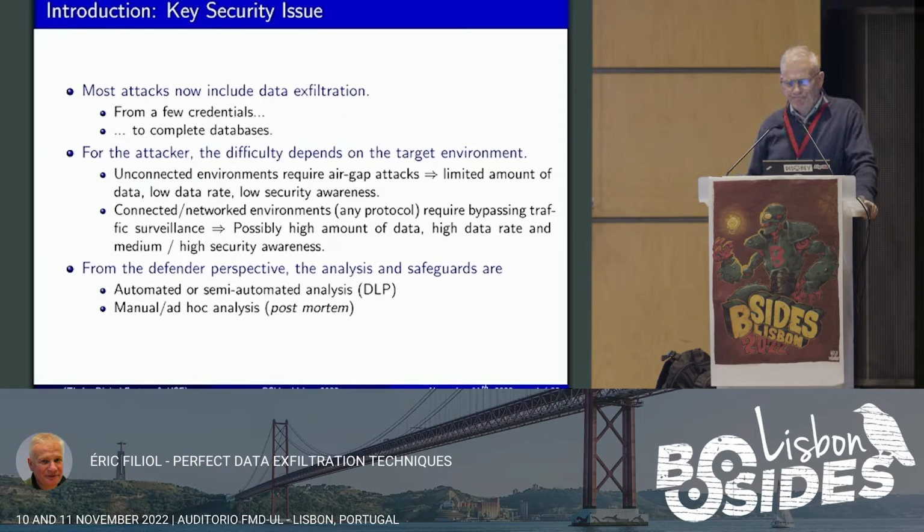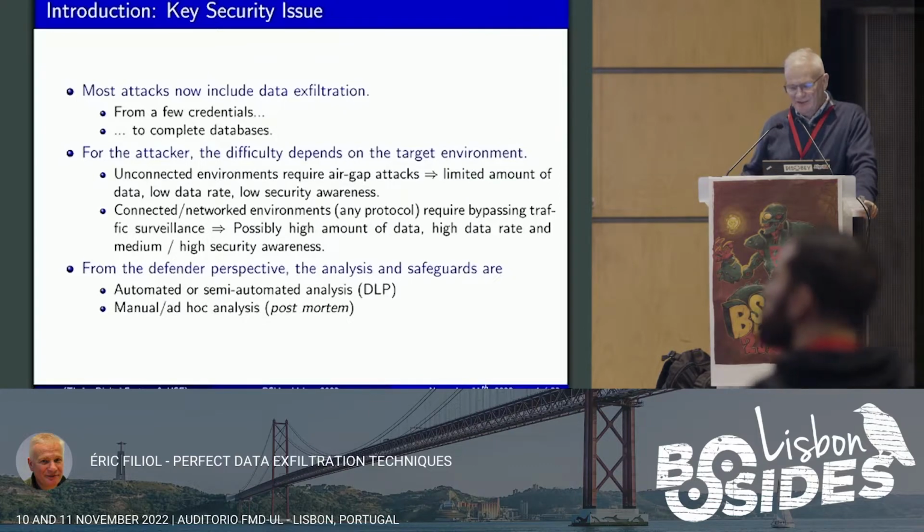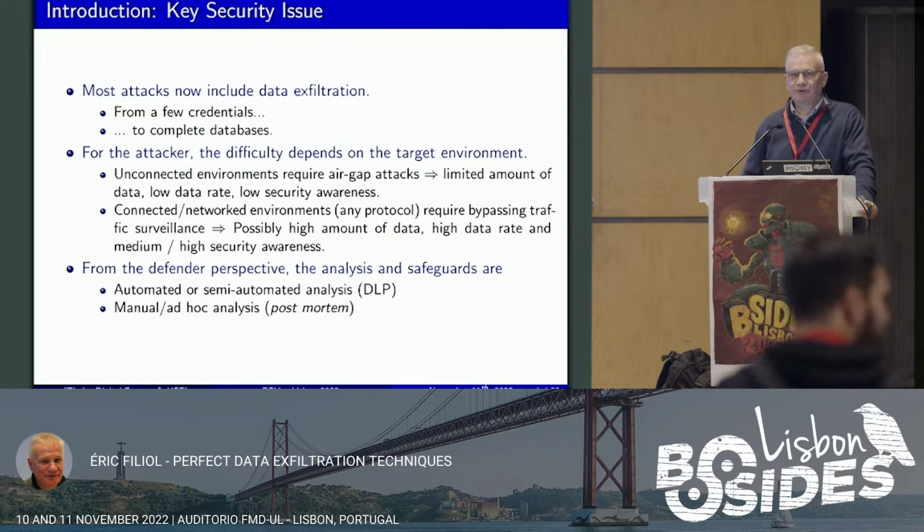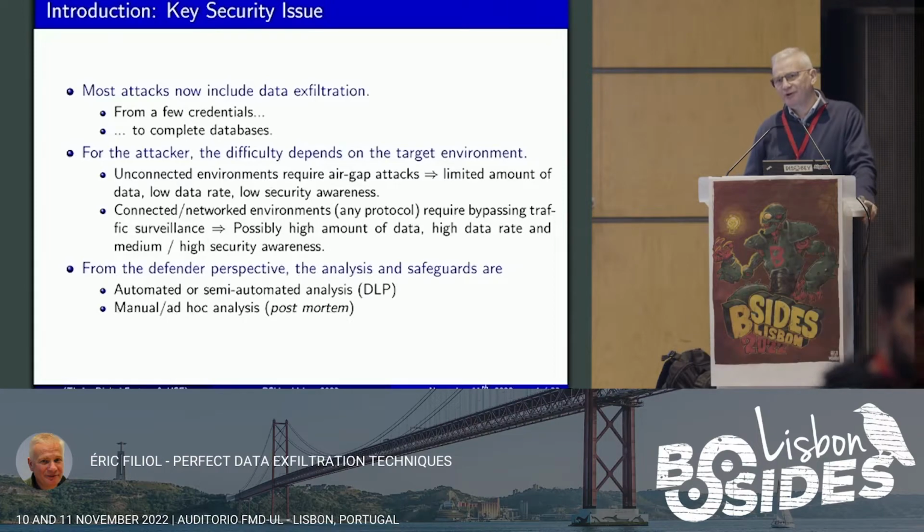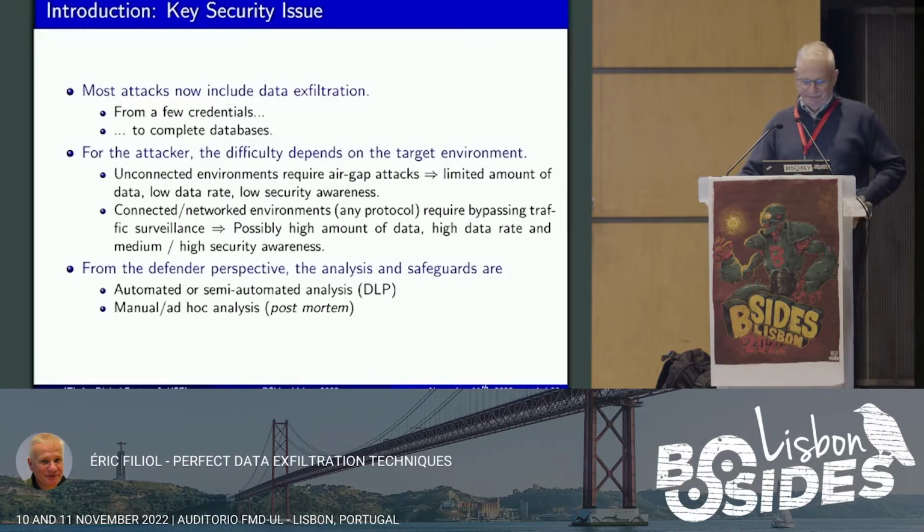But you have generally to bypass the different traffic surveillance. And in most industrial cases, it is data leak prevention tools, for example, in Microsoft Azure environment. But when you succeed, it is possible to exfiltrate a large amount of data, huge databases, at a very high exfiltration rate.